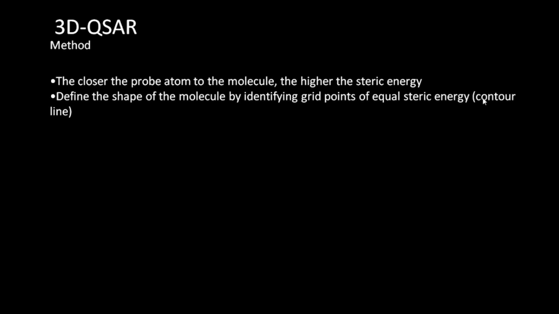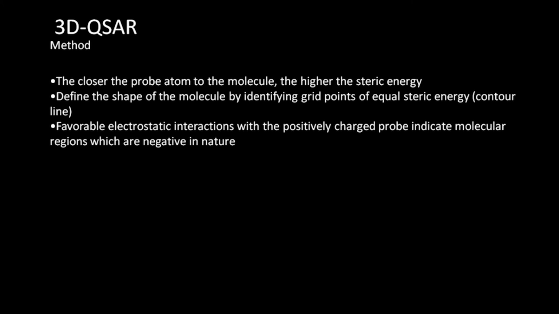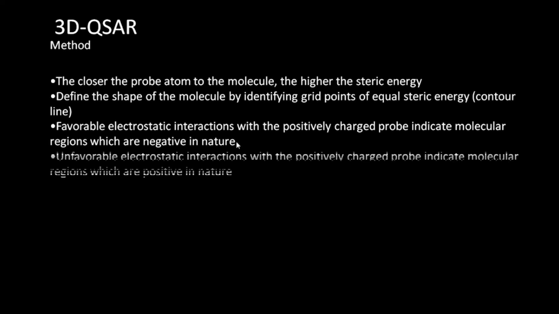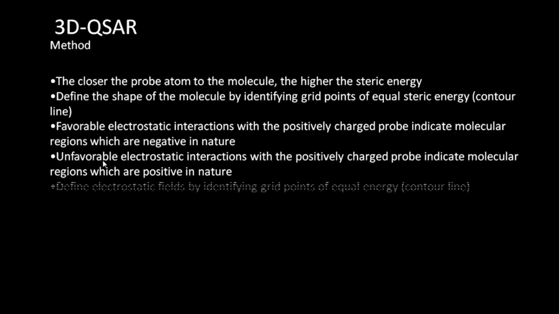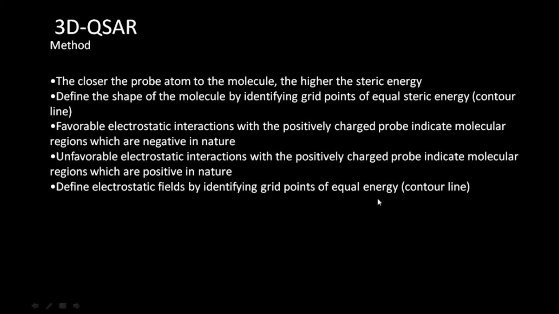You can have favorable electrostatic interactions, meaning a positively charged probe indicates molecular regions which are negative in nature, or unfavorable electrostatic interactions, meaning a positively charged probe indicates regions which are positive in nature. Then we can have electrostatic fields by identifying grid points of equal energy. Those are all called contour lines.